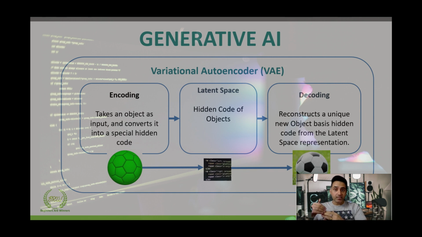And latent space is wherein the VAE stores these hidden codes. It's like a big secret storage room where all the hidden codes are kept. And finally, the decoding helps when the system wants the VAE to create a new picture as per the inputs provided.